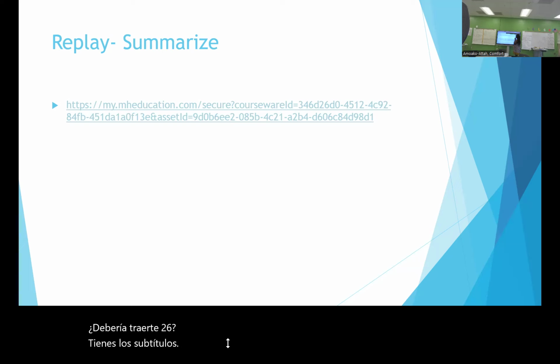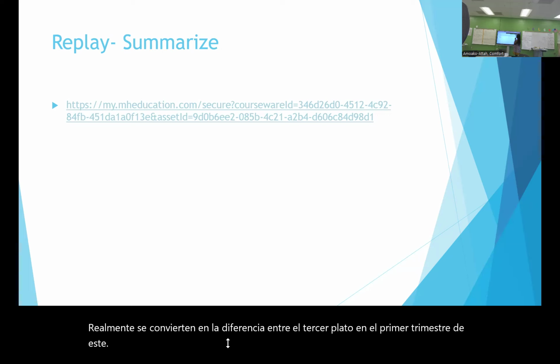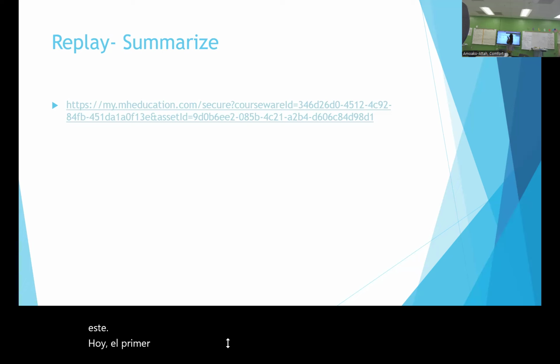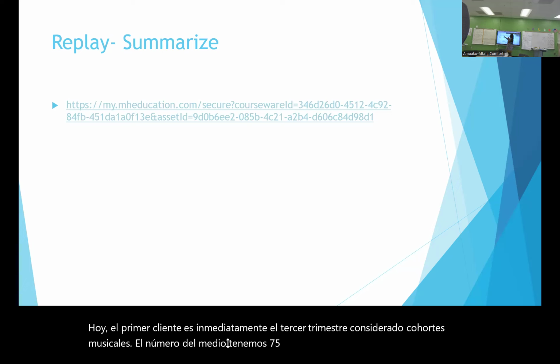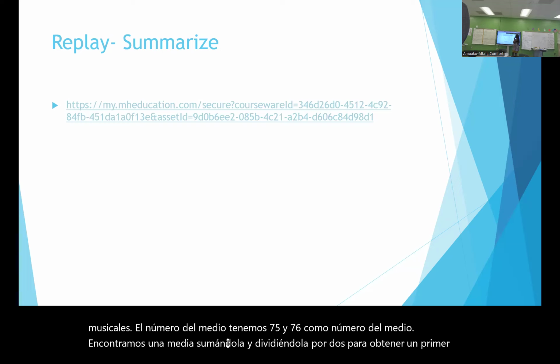The interquartile range is the difference between the third quarter and the first quarter. So there's the first quarter, the median, and the third quarter. Because it's split into equal halves, the middle numbers are 75 and 76. You find the mean by adding the two and dividing by 2 to get the first quartile. The same applies to the third quarter.